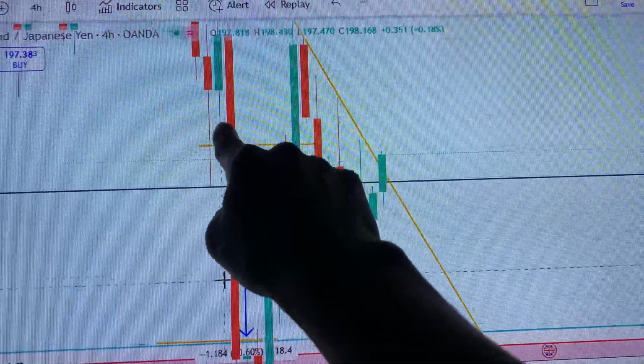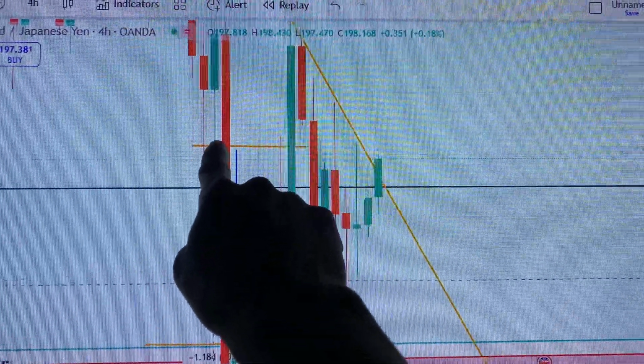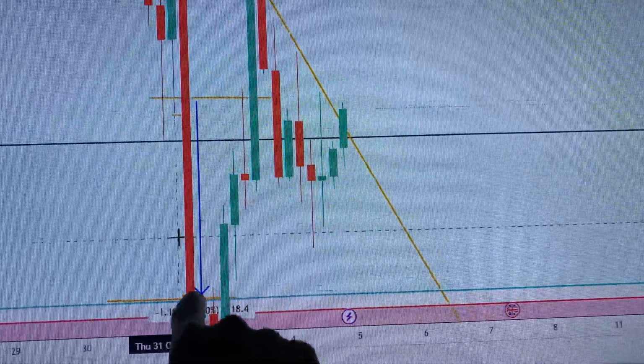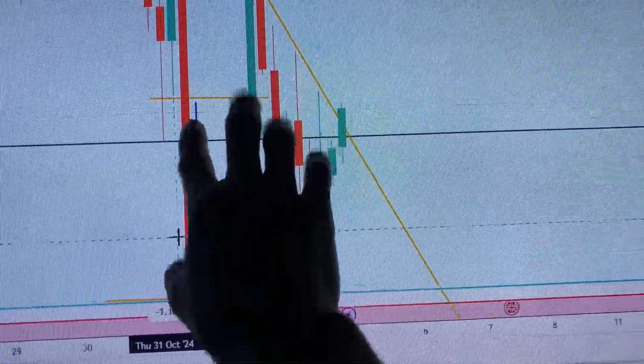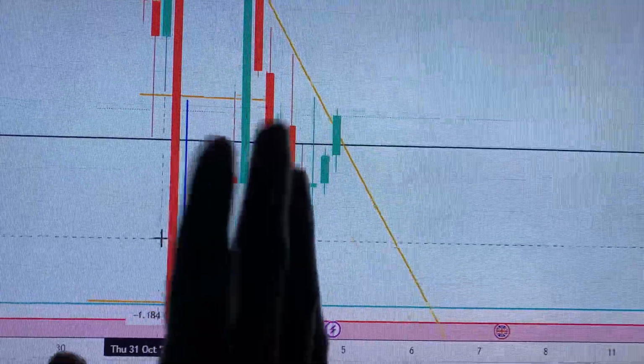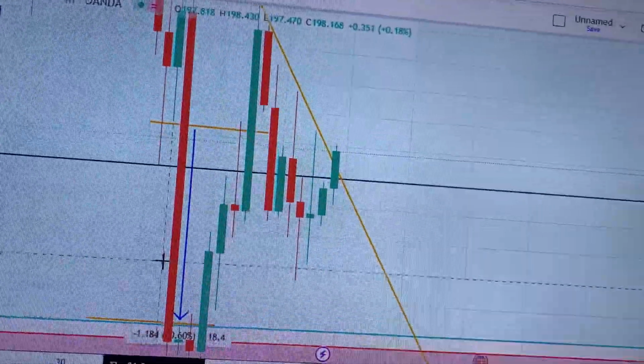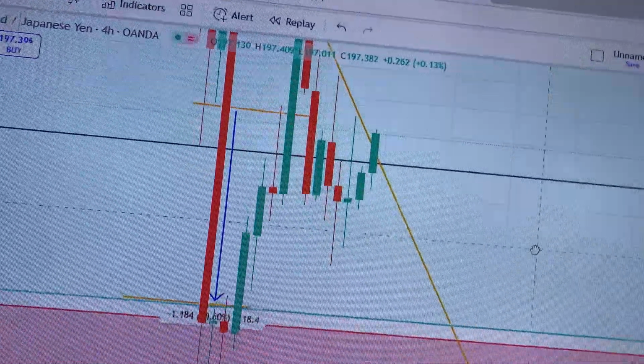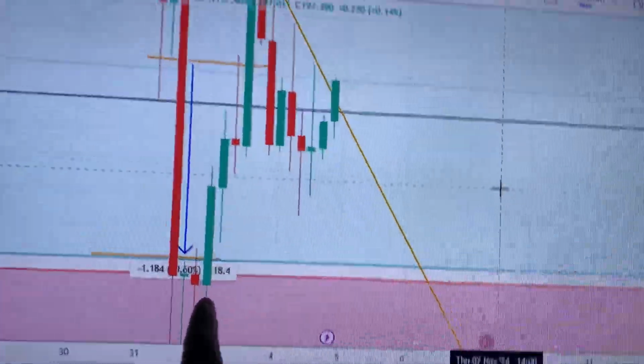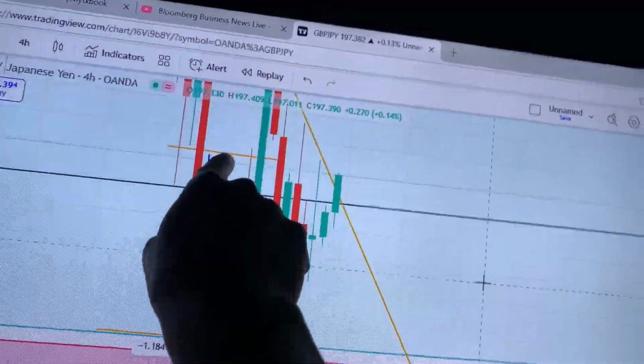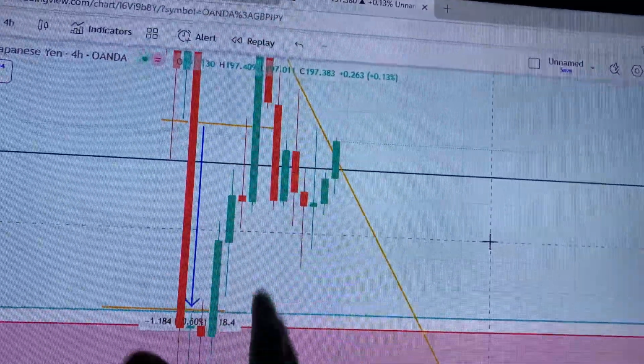From this point, this was where the wick of this last candlestick was. From this point to this point, it created an FVG. So where I put this blue arrow is where the fair value gap is. And look at what price did afterwards. Can you see, after still going down, it came back and covered this FVG. So this is just one example, right?